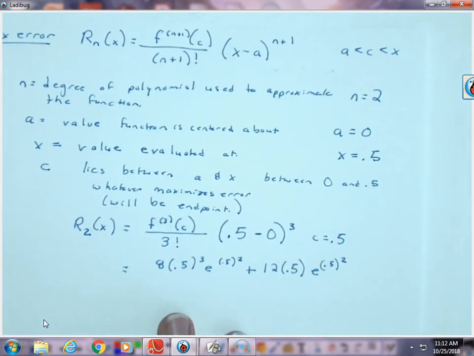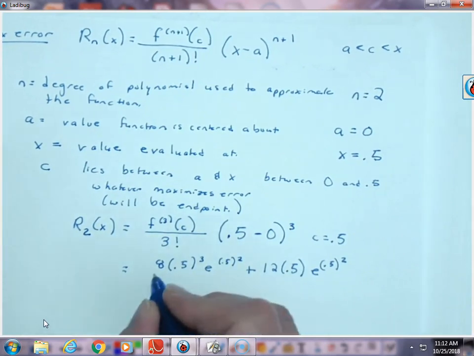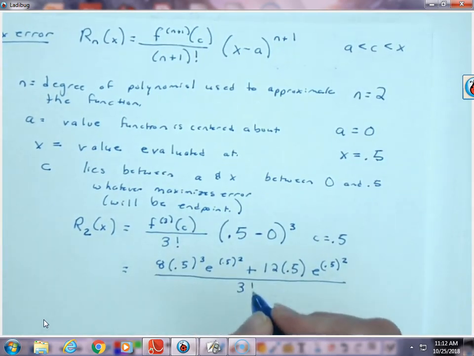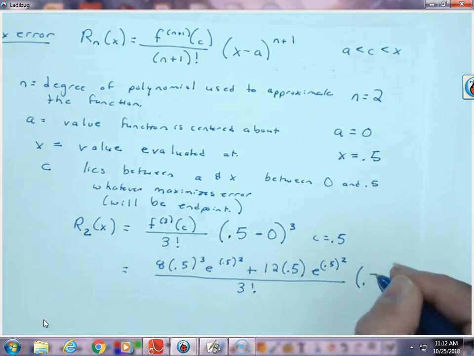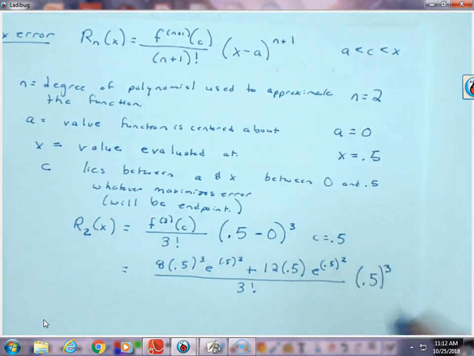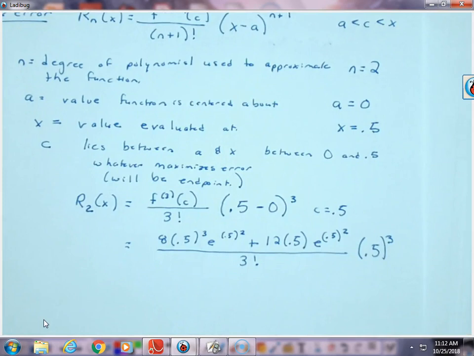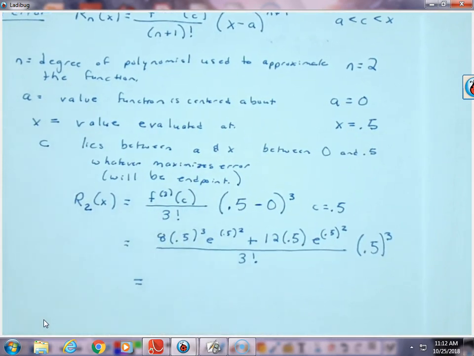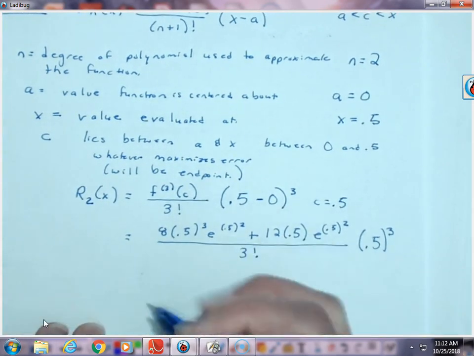And that's just the third derivative that we already calculated. We're plugging in 0.5 over 3 factorial times 0.5 to the third. Now, I want you to try to put that in on your calculator and see what you get. I'll put in approximate.